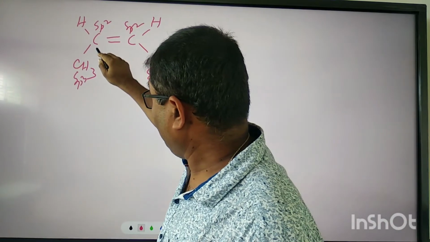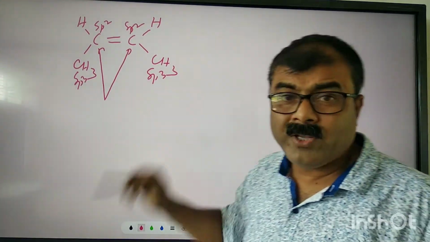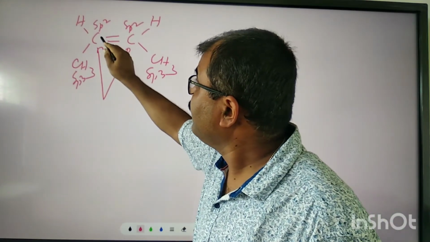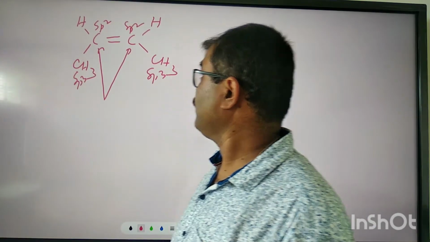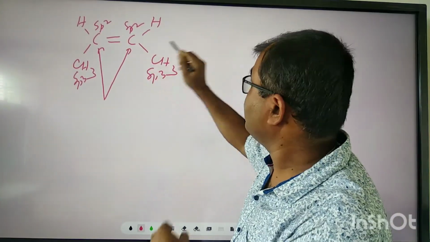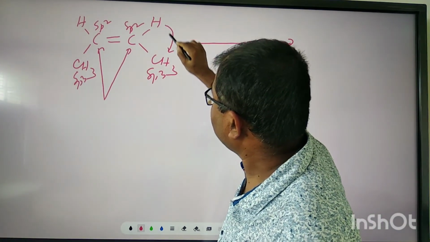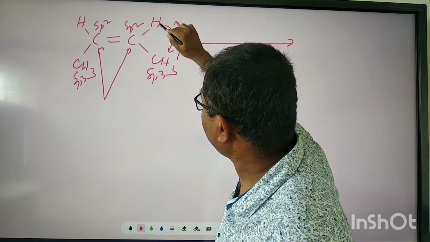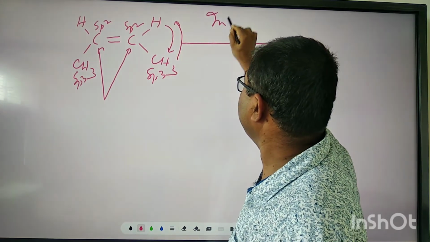So now our focus point is here. We are going to check whether they are stereo centers or not. To check that, we'll interchange any two groups. If we interchange this hydrogen with the methyl group, the hydrogen will come here and the methyl will go there.